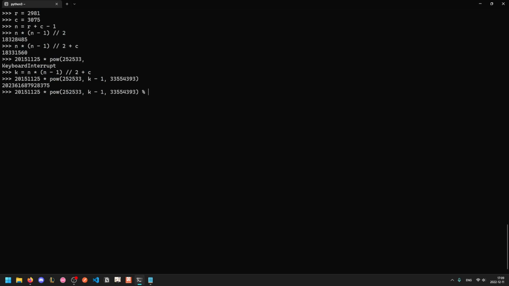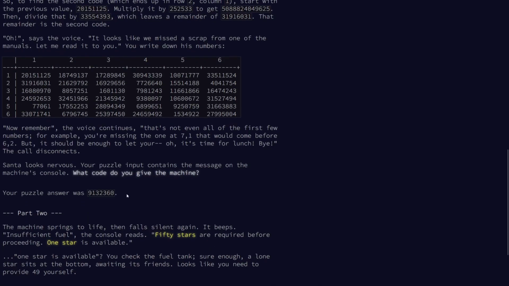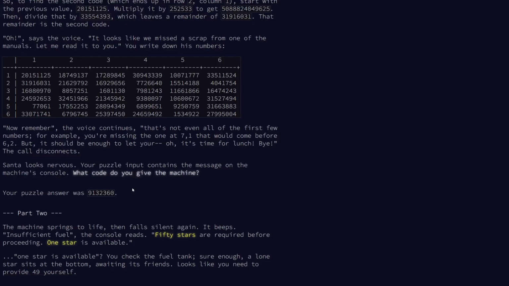And then we just take that value and modulo it by 33554393 again to get our answer of 913260. And so we could just do this with a naive loop, but using fast modpow, we can calculate this instantly. So that's an example of where modular exponentiation is highly useful. I believe there are some problems where it was strictly necessary, but I can't think of one immediately.